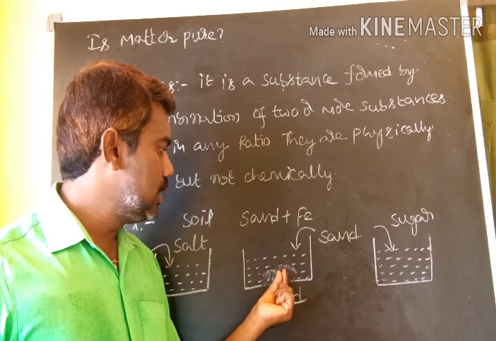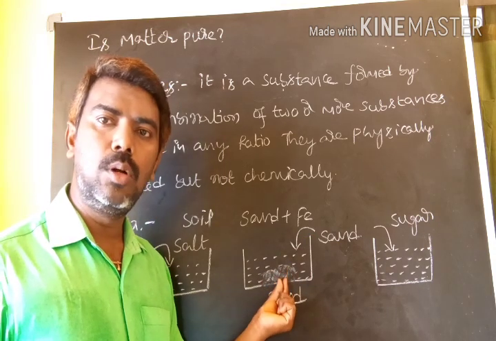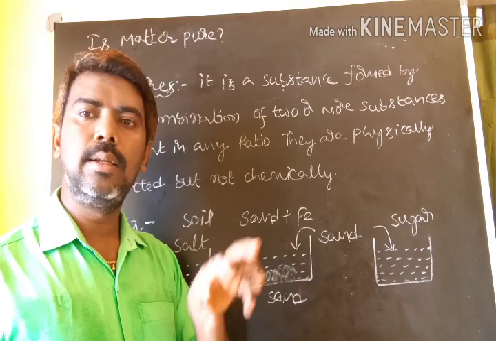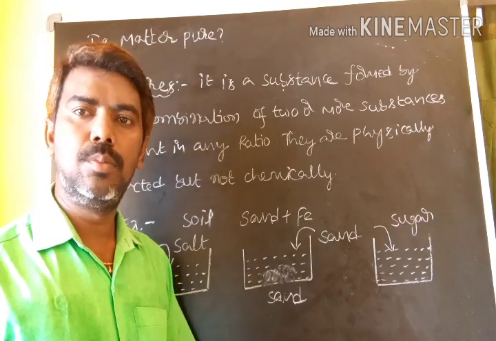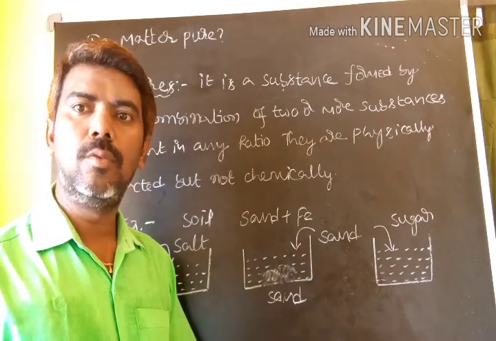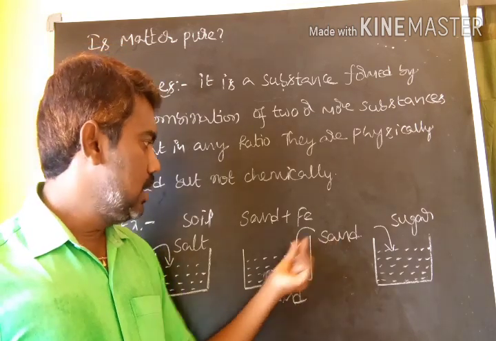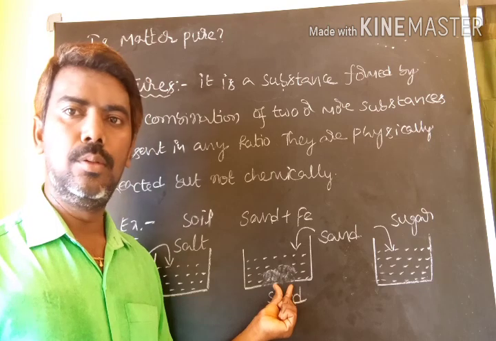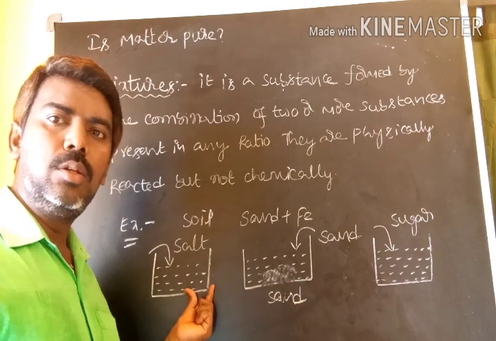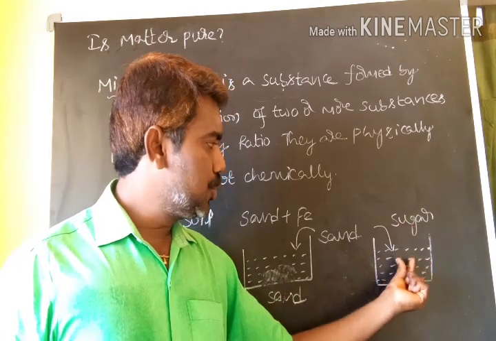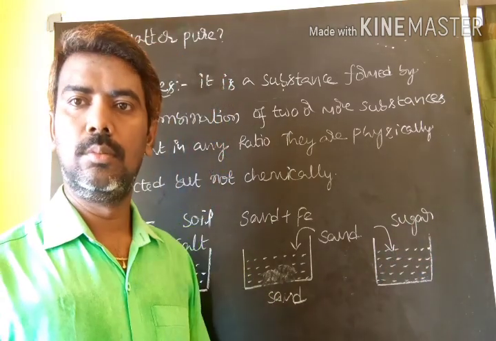The sand content is high at the bottom of the vessel. At the surface and the middle layer, the sand content is zero or very less. Here, the sand is not uniformly distributed. Here, the salt is uniformly distributed. Here also, the sugar is uniformly distributed in the entire water.